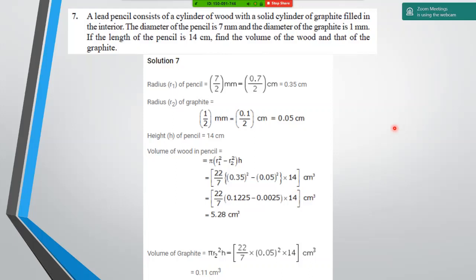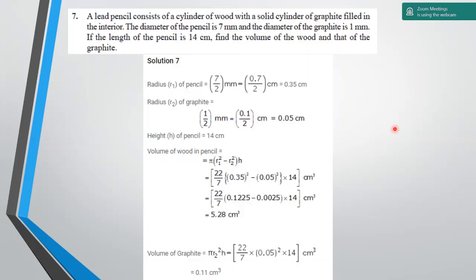1 centimeter is how many millimeters? I don't know. Who is that? Akash. Yes, 1 centimeter is how many millimeters, children? 10 millimeters.